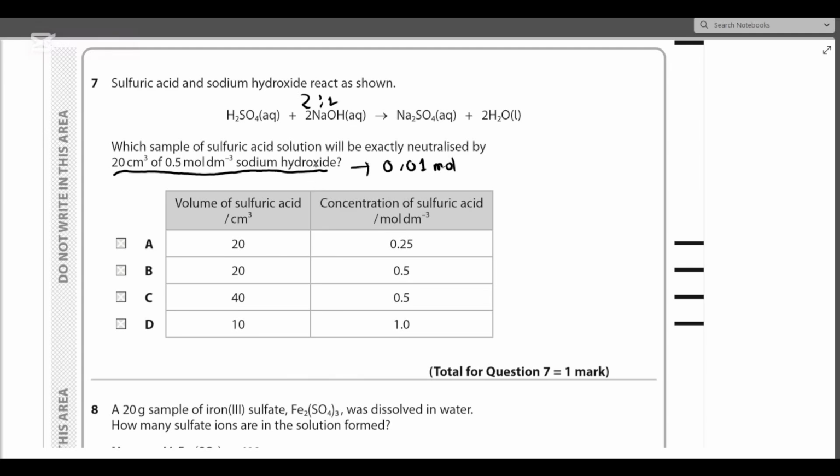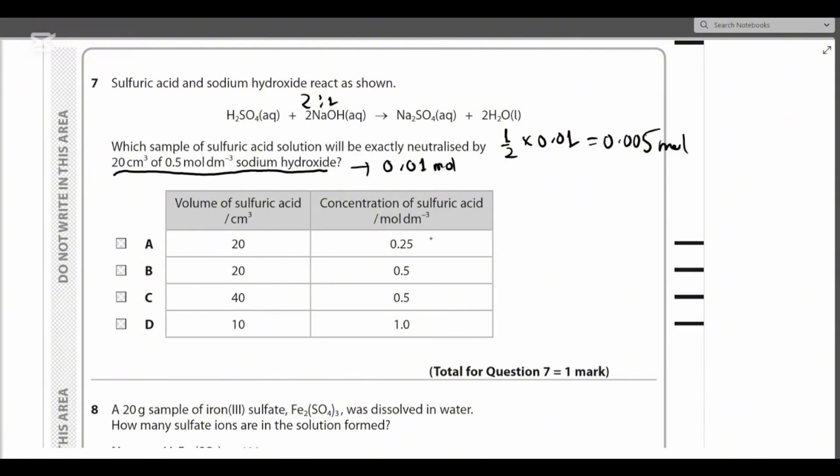Using this mole ratio, we find the amount of sulfuric acid that must be exactly neutralized. We get half times 0.01, which is equal to 0.005. So 0.005 moles is the amount of sulfuric acid in the sample that must be exactly neutralized by 0.01 moles of sodium hydroxide.